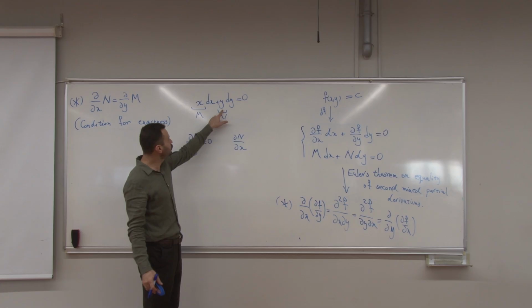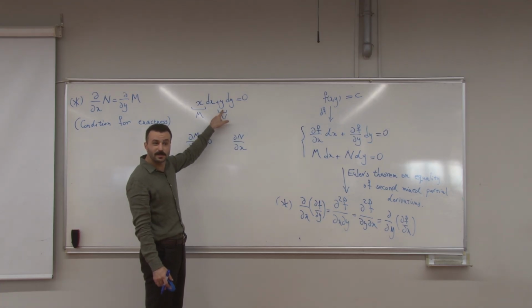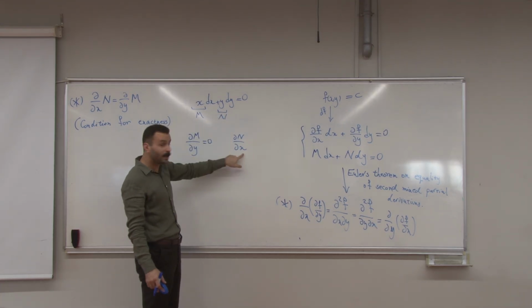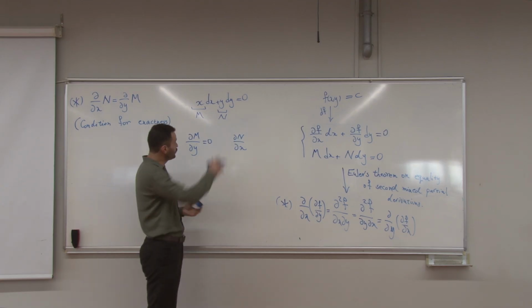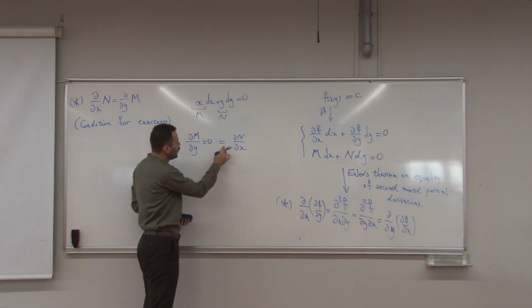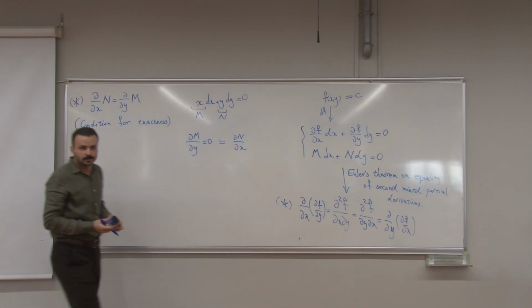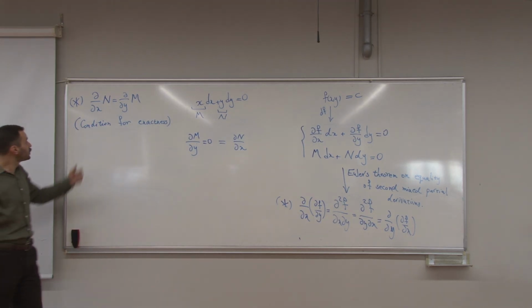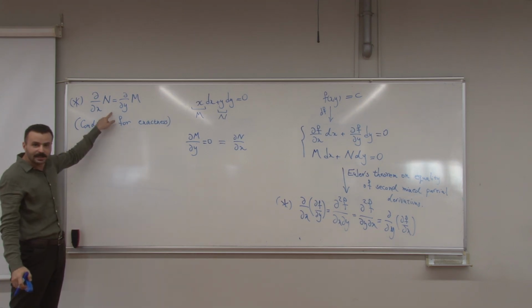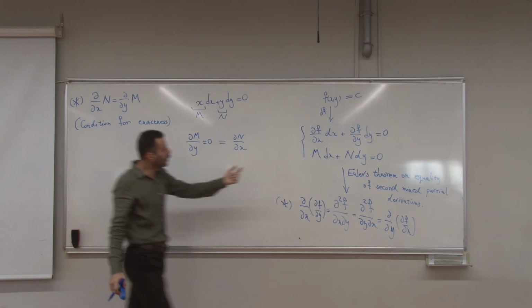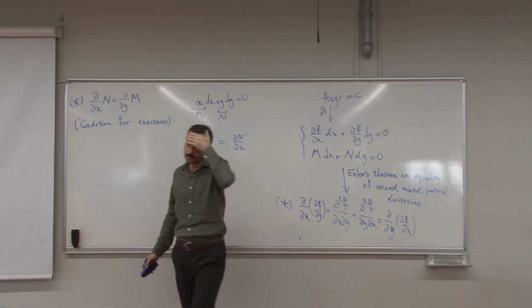So what will happen here? From y, if I take the partial derivative with respect to x, zero. Yes. And they are equal to each other, right? So what happens is this. This condition is satisfied, and if it is satisfied, I know that now my equation is exact.